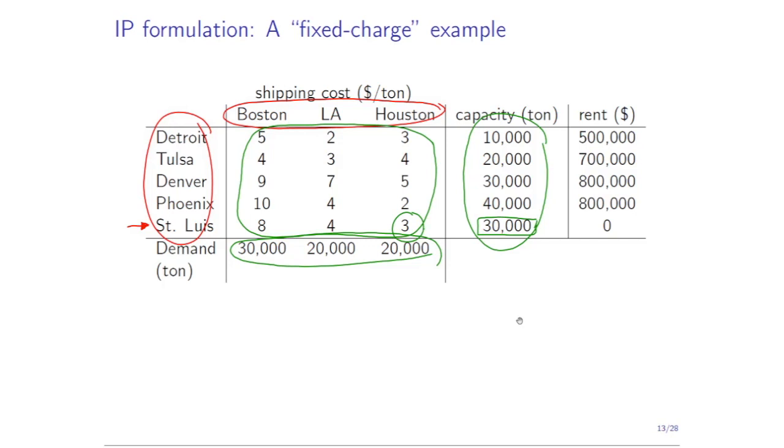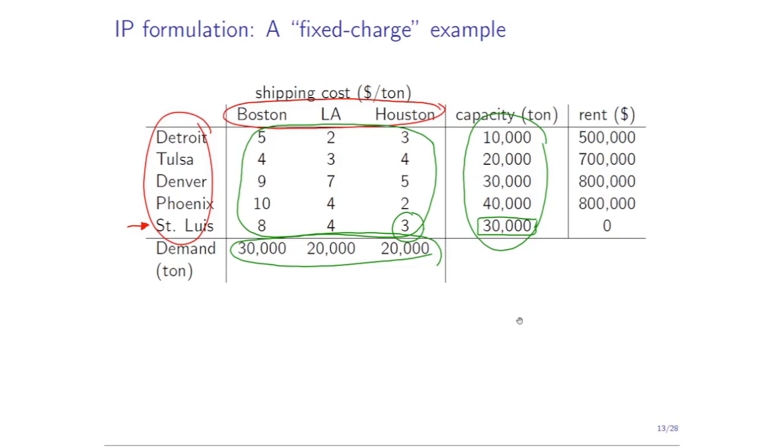But if they decide to rent the depot in Detroit, it will add 10,000 tons to its capacity. So this is the capacity of every depot that we are considering.